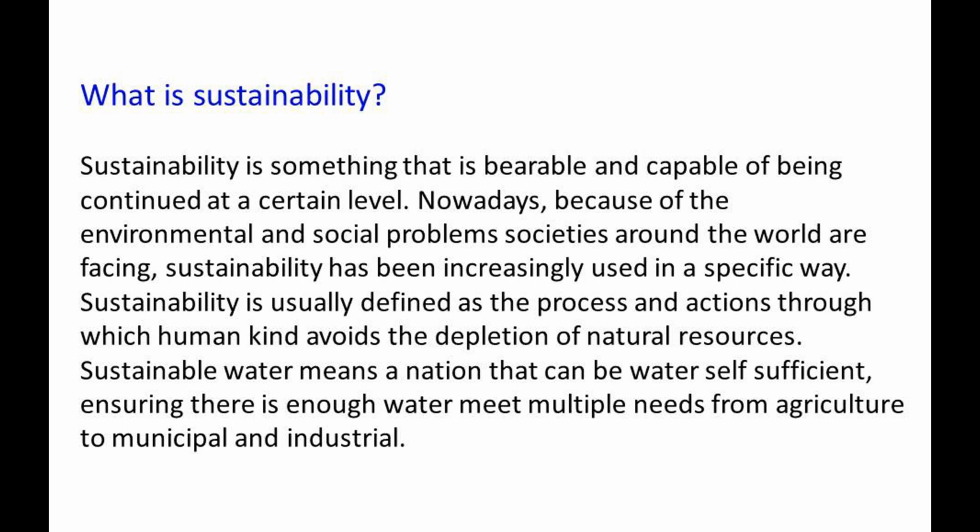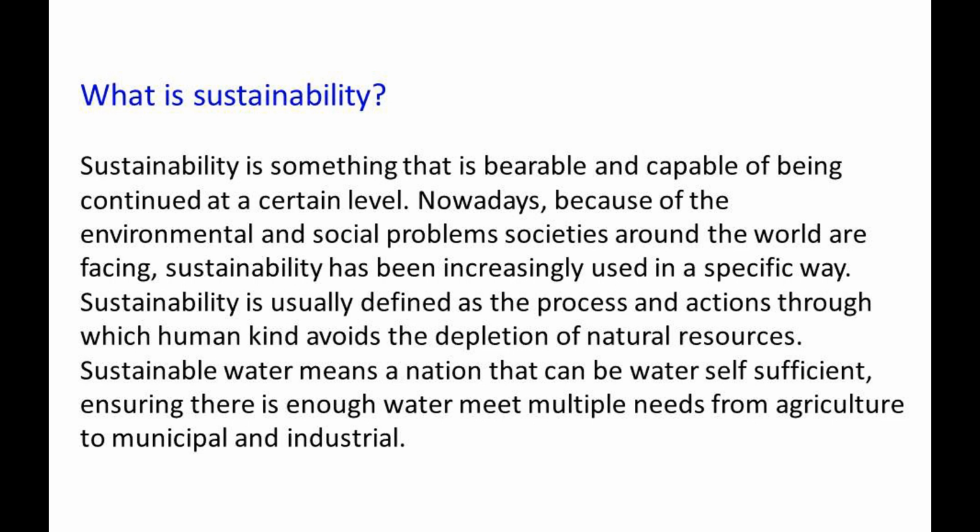Nowadays, because of the environmental and social problems, societies around the world are facing sustainability, and it has been increasingly discussed in a specific way.